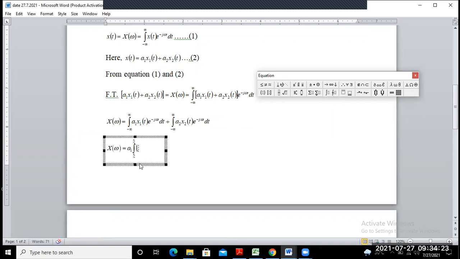Is it not? What is the remaining element inside the integration? That means a1 x1t e to the power minus j omega t dt. So just write this element x1t e to the power minus j omega t dt.